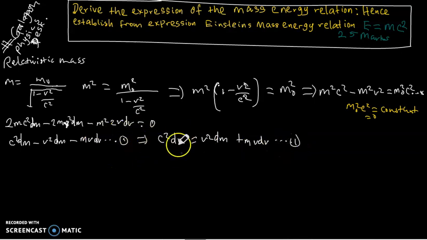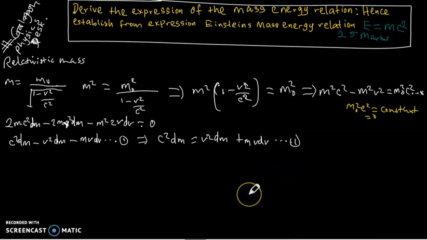We simply need to rewrite this to get rid of this 0, because we know that c squared dm, when this crosses to the other side, becomes positive. That is v squared dm plus mv dv, and we call this equation 1.